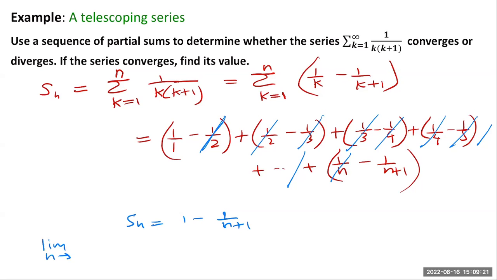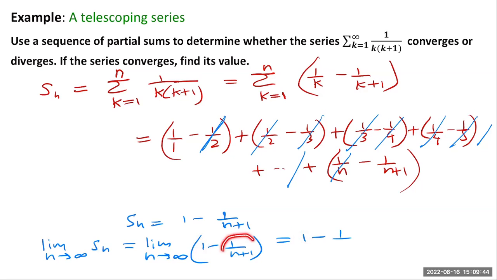The limit as n goes to infinity of Sn is equal to the limit as n goes to infinity of 1 minus 1 over n plus 1. When you take the limit of the first expression, it's just 1. It's a constant. As n goes to infinity, 1 is just 1.